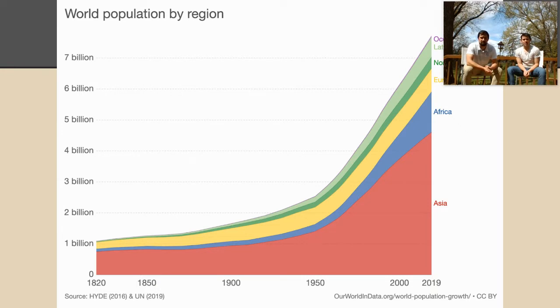So you can see, in the late 1800s up until the early mid 1900s, population growth was relatively steadily increasing. But then right there around 1950, you saw this explosion of population growth across the world. Particularly, if we look at the colors there in the graph, Asia and Africa started experiencing very rapid population increases.